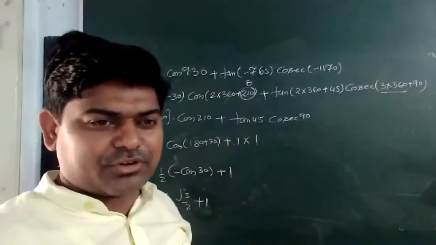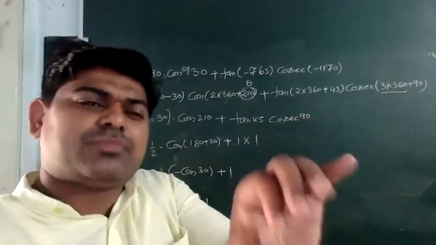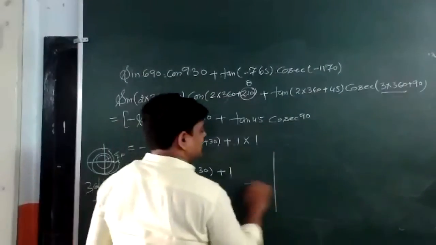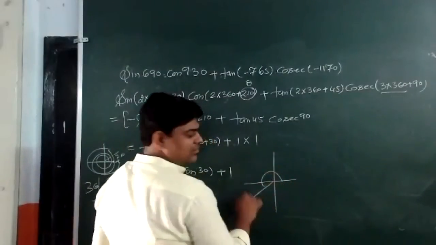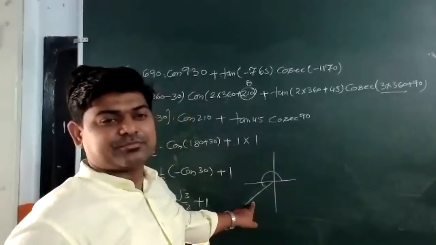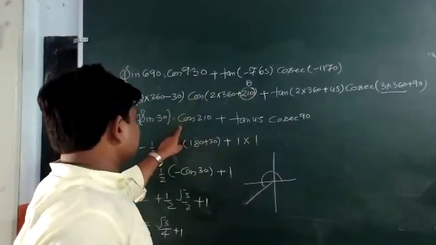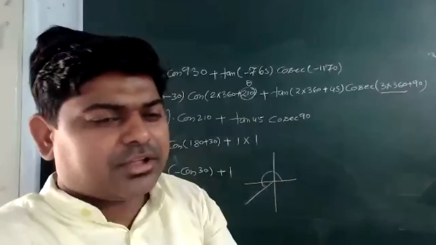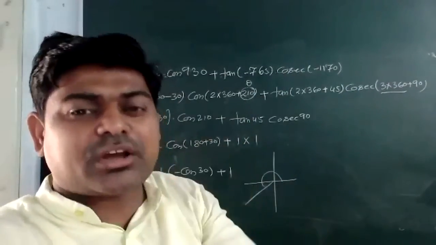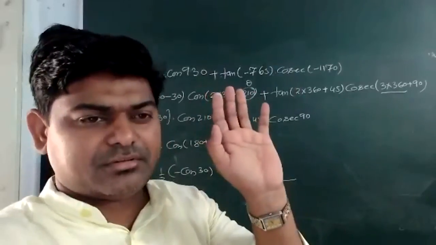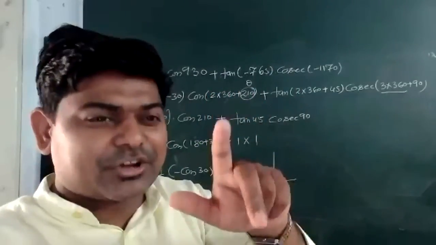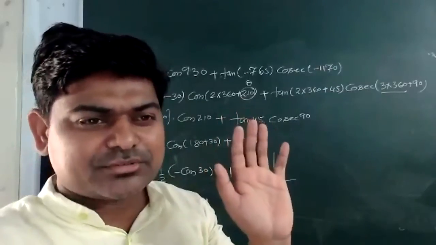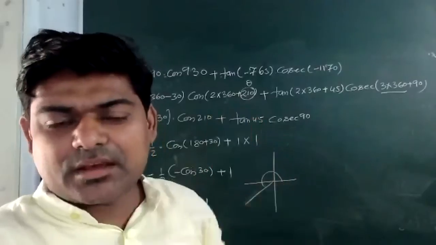Are you getting me or not? Yes, sir, this will be assumed as theta one. Your question is correct, sir. If we think 210 will come here, it should be negative. If I take negative here, then one more negative will come when I write 180 plus 30. It will be wrong. Here I took it as theta only. Same thing can't be used 2 times in the same question. Yes, sir. Okay. Anything more? No, sir. Thank you, sir. Welcome.